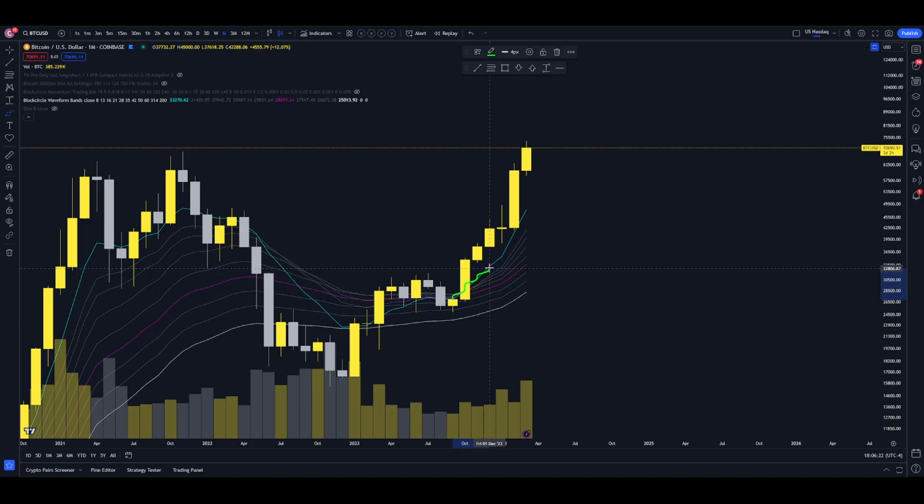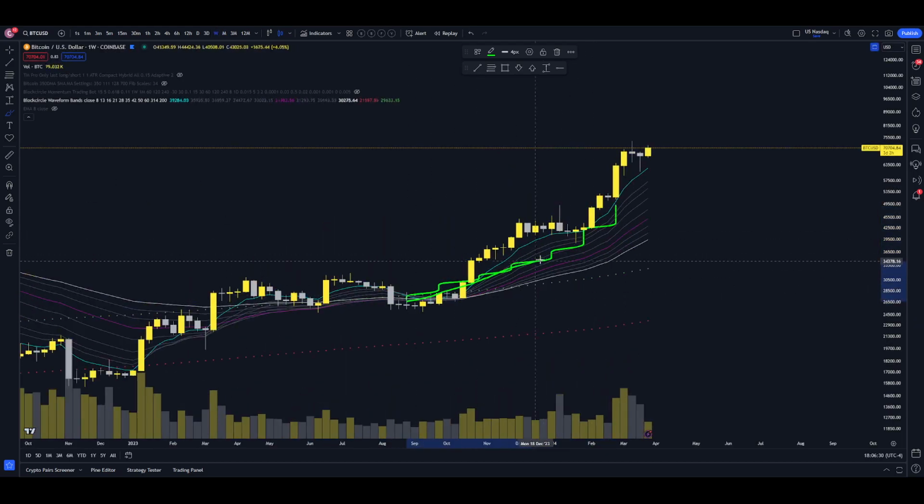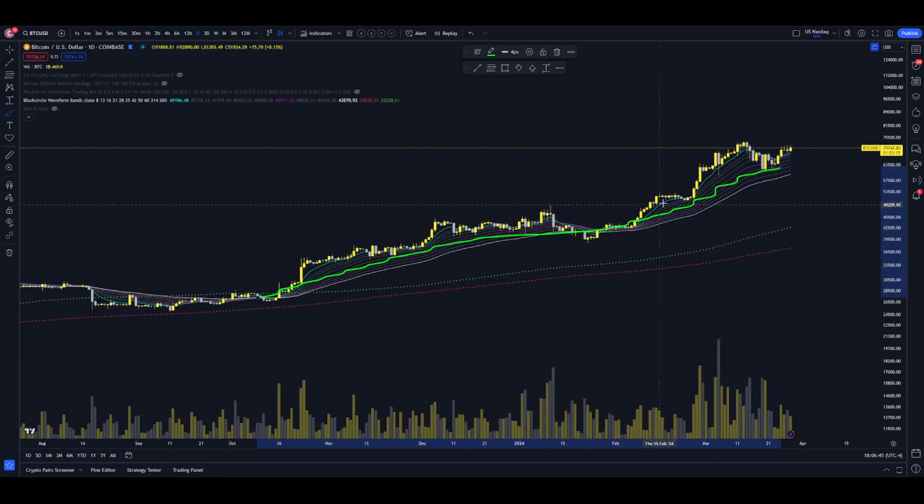For example, here's our 8 EMA, give or take, on the monthly. You go into the weekly, and you're going to find that is your general direction of the bands. Likewise, you follow this 8 EMA on the weekly, and that is going to represent your bands on the daily. You can see it falls pretty much right in the middle of it.